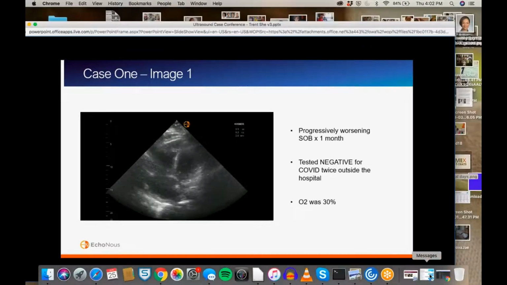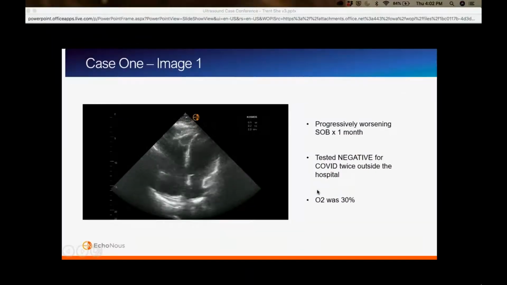This patient has no past medical history and has tested negative for COVID twice outside the hospital. The really interesting thing at triage that I remember about this patient was that her O2 sat was in the 30s on room air. And amazingly, she was still talking to us. And so we moved her into our resuscitation room, and we started to take care of her.